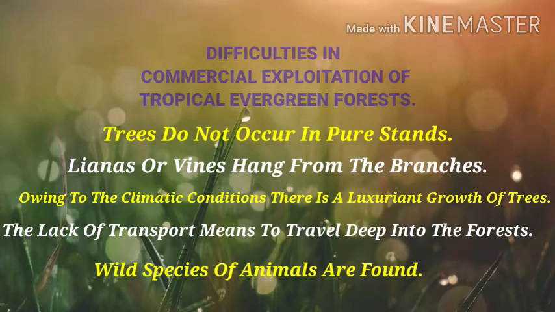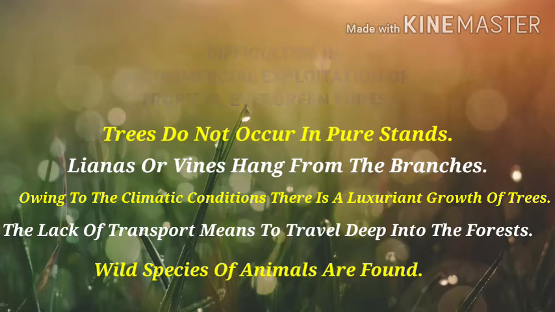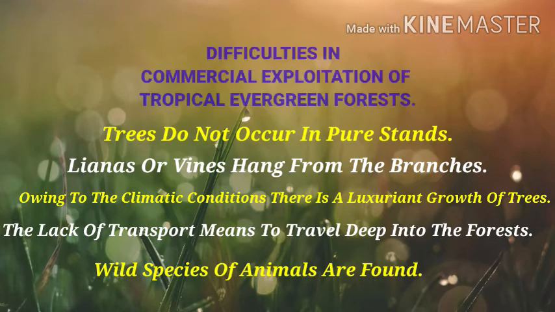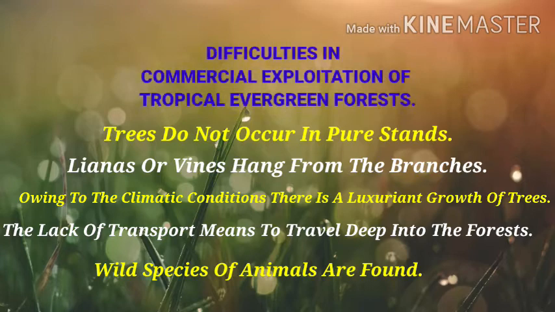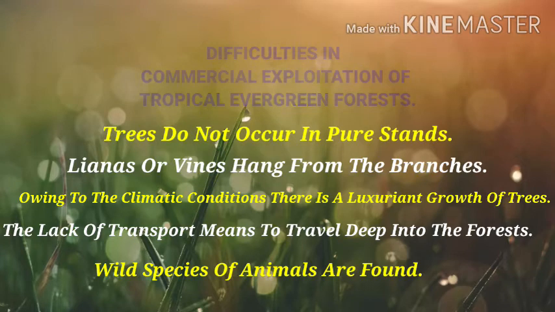Though the forests have great potential in hardwood and timber resources, commercial extraction is difficult. The reasons for this are that the trees in these forests do not occur in homogeneous or pure stands.